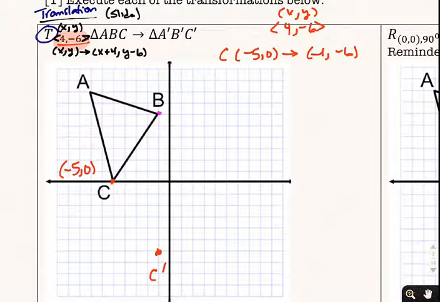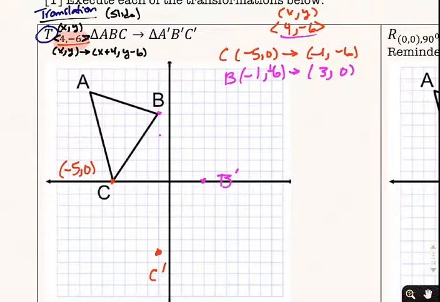If I consider this B as my pre-image point, that point looked like it was at negative 1, positive 6. So after my vector transformation of plus 4, minus 6, that's going to be 3, comma 0. So let's see, 1, 2, 3, 0 for B prime. And we'll do the same thing for A, and I'll try to go a little faster here.